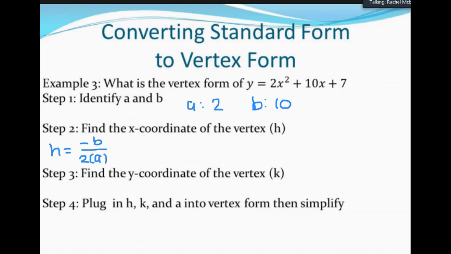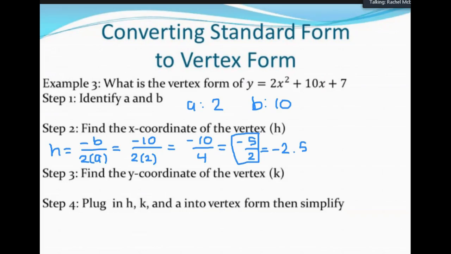So the reason you find b and a is to plug into your formula. So it would be negative 10 divided by 2 times 2, which is negative 10 over 4. You multiply the bottom numbers together before you divide. So this is really like negative 5 over 2, or negative 2.5. I personally will stick to fractions, but I know there are some of you that like your decimals.